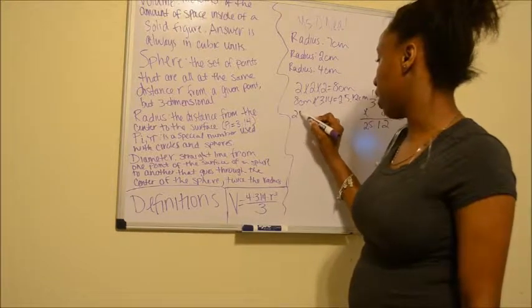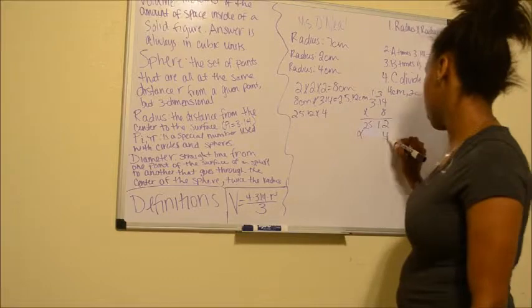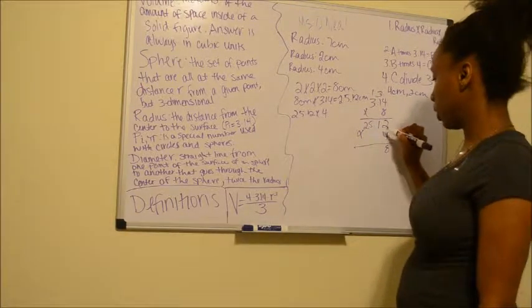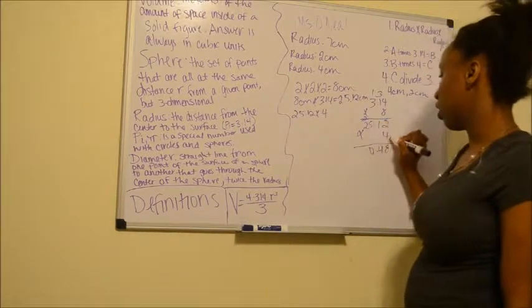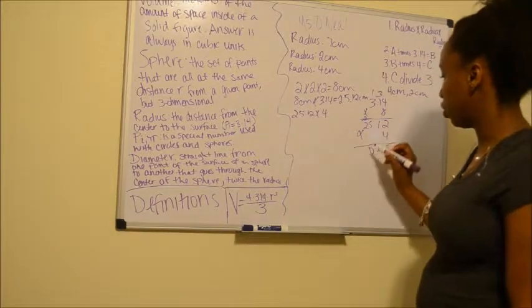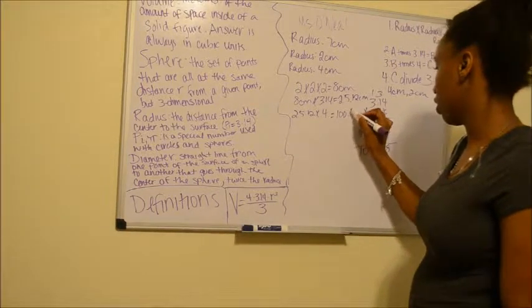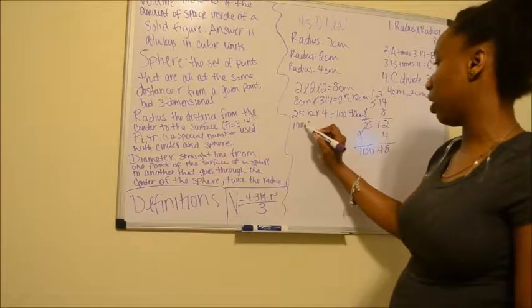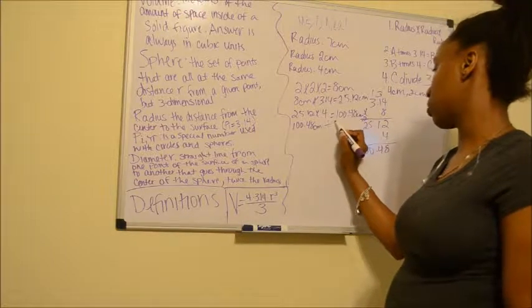You do 25.12 times 4. So times this by 4. 4 times 2 is 8. 4 times 1 is 4. 4 times 5 is 20. Carry 2. 4 times 2 is 8. Plus 2 is 10. So your answer is 100.48 centimeters. You're going to divide this by 3.